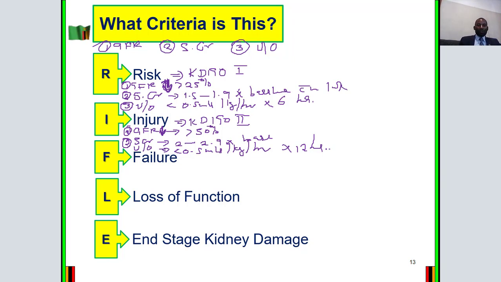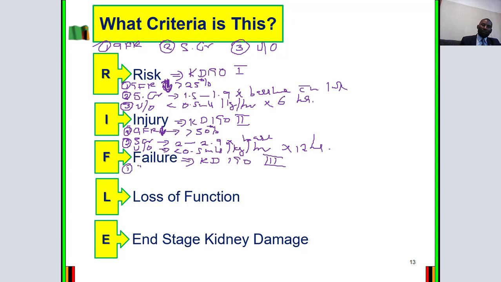Then let's go to failure. So failure, that is stage 3. It's the same as KDIGO stage 3. Let's look at our parameters there.